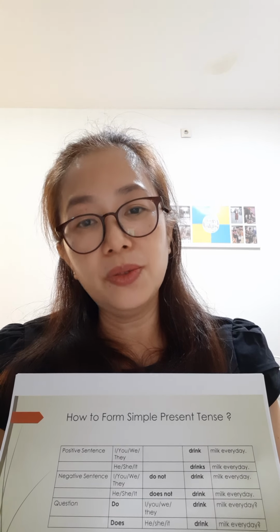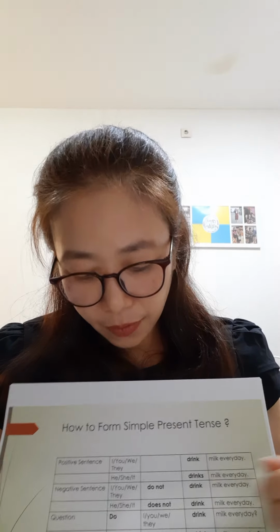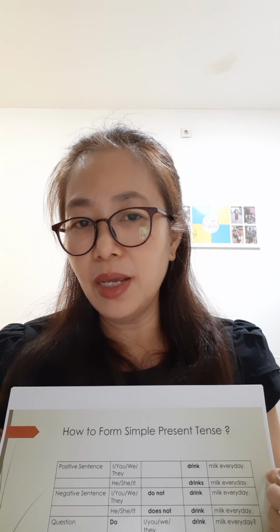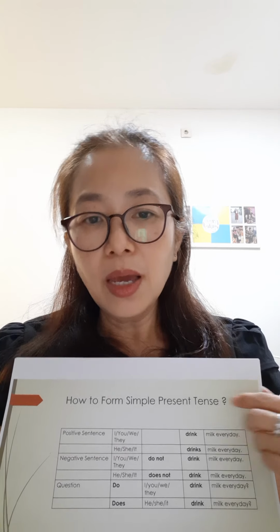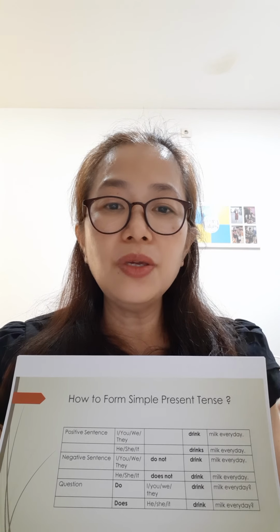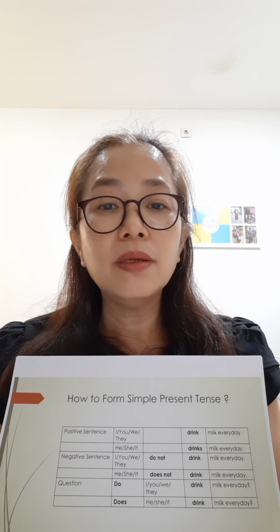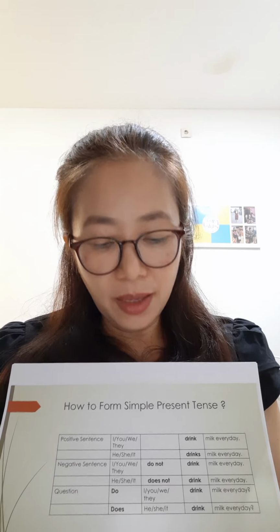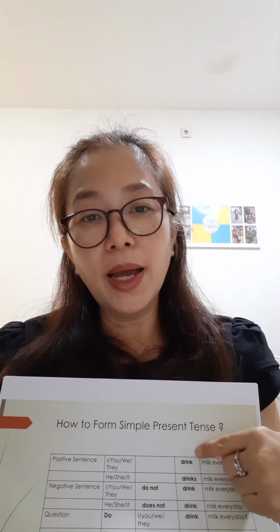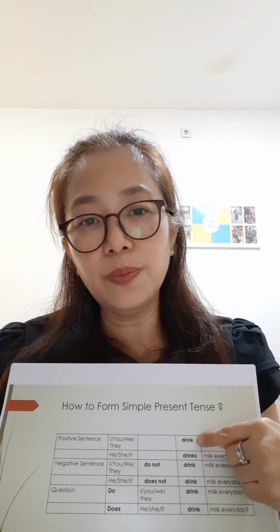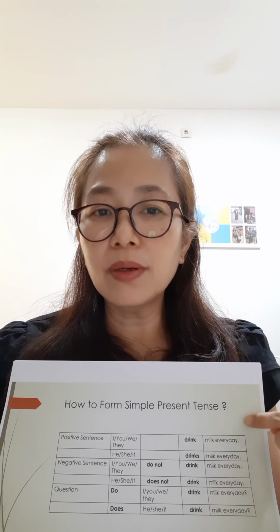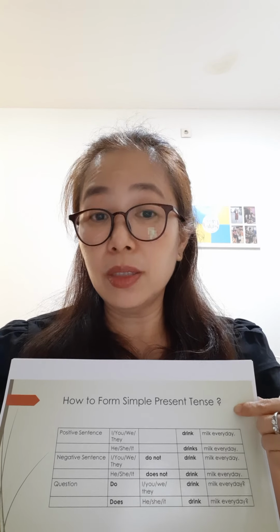For example, he drinks milk every day. You cannot say he drink, you must put s. But for the other subjects, I, you, we, they, you don't have to put anything. You just use verb 1, the base verb, drink. I drink milk every day. You don't say I drinks, but I drink.